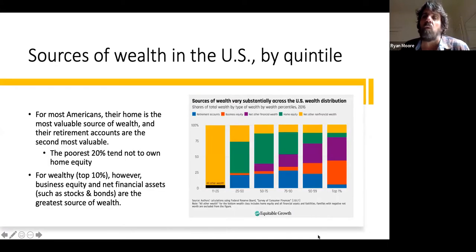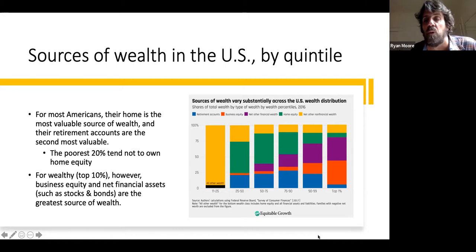When we look at what this wealth is based on, for most Americans, the most valuable source of wealth is their home. In this chart, that's represented by the green. The chart divides America into different groups from poorest to richest.